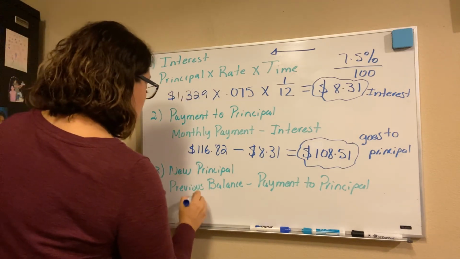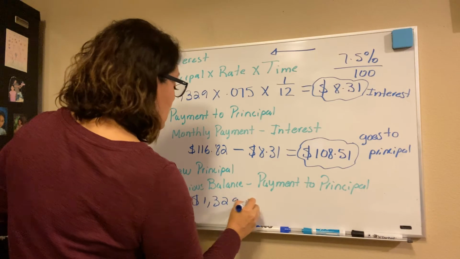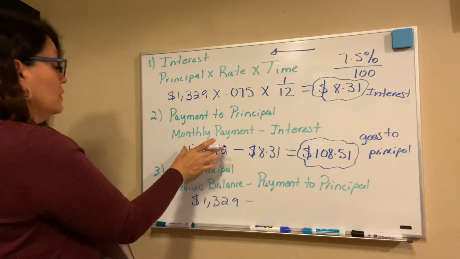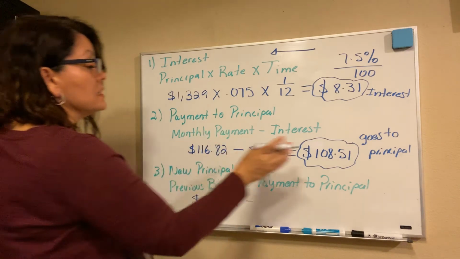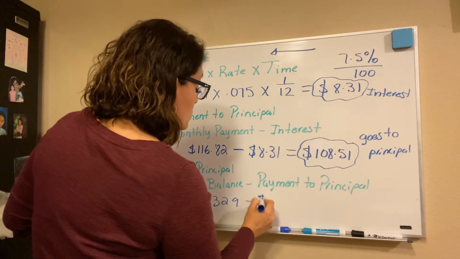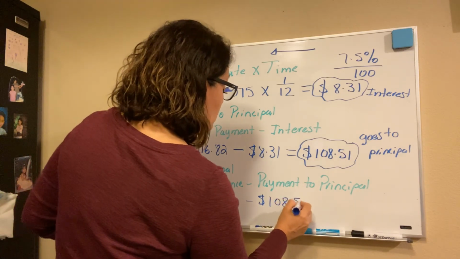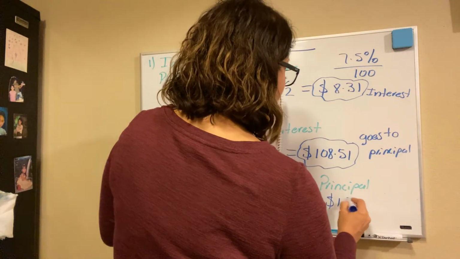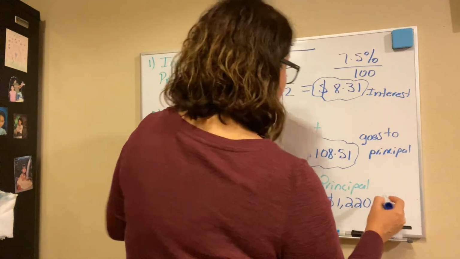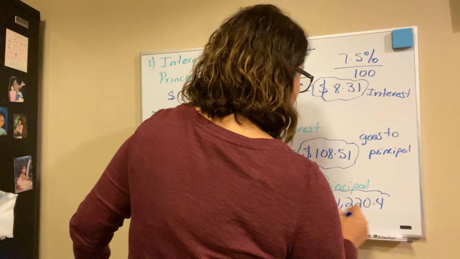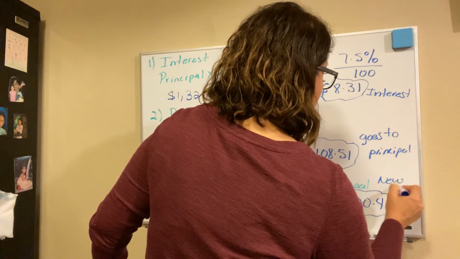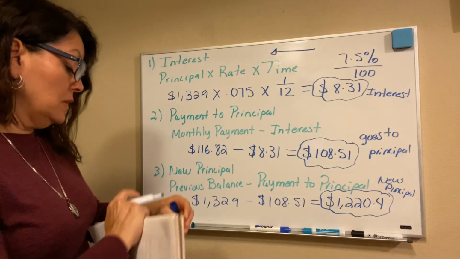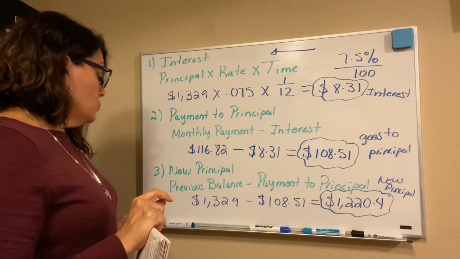She asked for that, right? 1,329 minus this is the payment to principal. This is not the monthly payment, we're going to use the payment to principal. So it is going to be 108.51. So my new principal is going to be 1,220.40. So this one is going to be my new principal. Told you guys it is going to be really easy, really short and sweet.